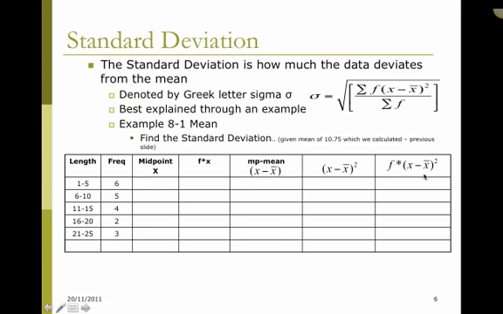Again, you make out a table. There's your data that you start with. Midpoints 3, 8, 13, 18, 23. F times x. As you see, this is enough to calculate the mean.